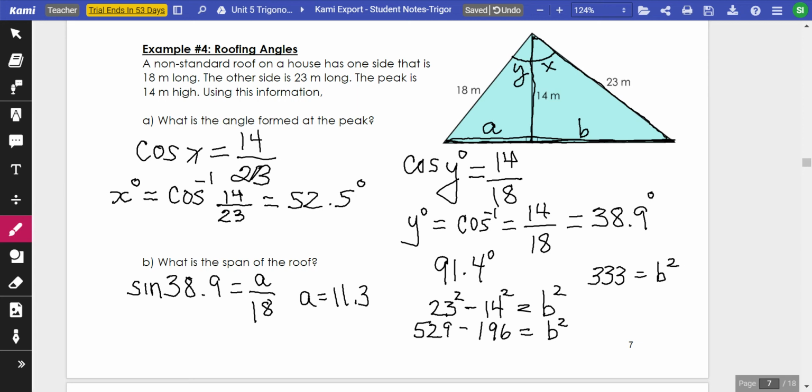And you take the square root and you get B equals 18.3. Okay, so the total span then is the sum of 11.3 and 18.3. 11.3 and 18.3 is 29.6 meters. That's the span of the roof.